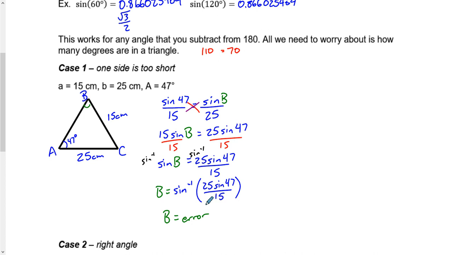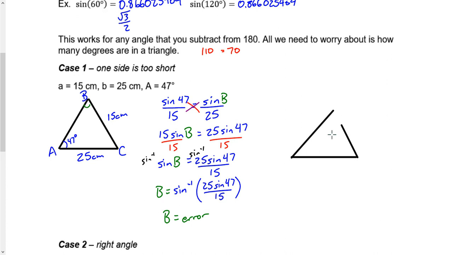The main reason behind that is actually, as I've already stated, one side is too short. So in all reality, this is what this question is looking at. We have a 47-degree angle at angle A. We have a 25 centimeter side.